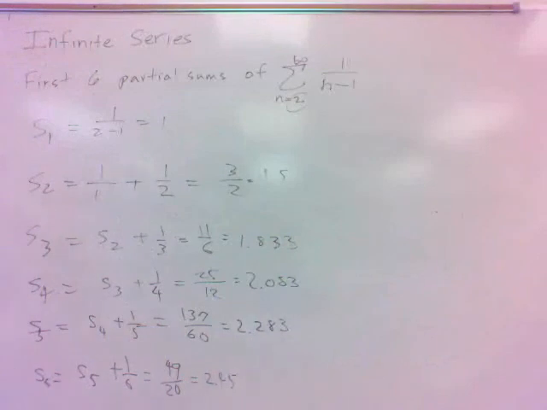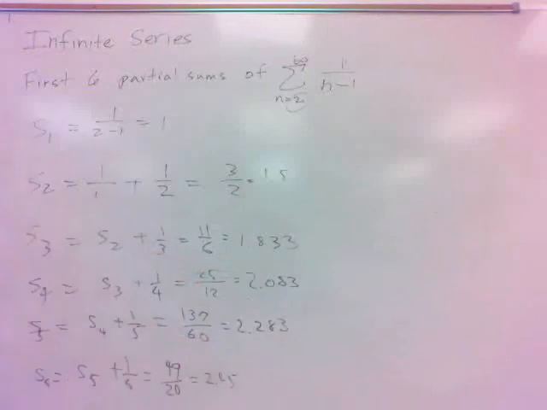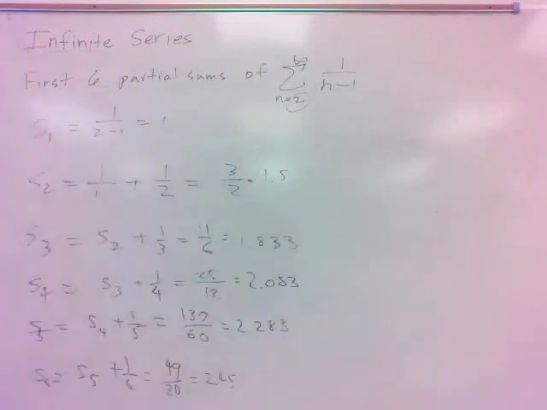So it's a little tougher to call on that one, isn't it? Because it doesn't seem like these numbers are leveling off anywhere, does it? So that might be a hint. We'll look more at it in a second, though. So the next step then is to say, do these sums actually level off? Do they converge to a particular number?